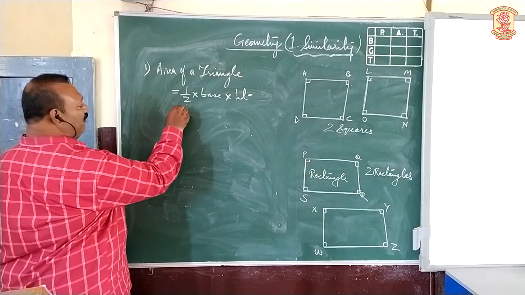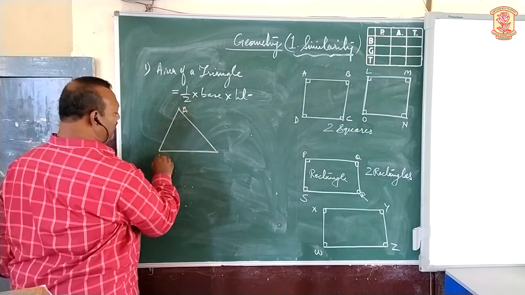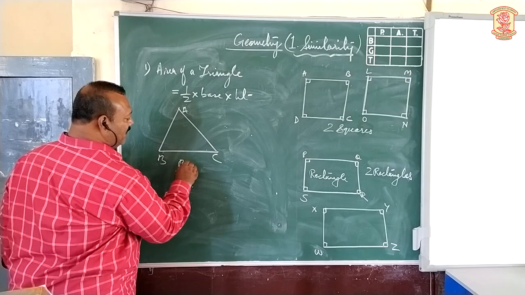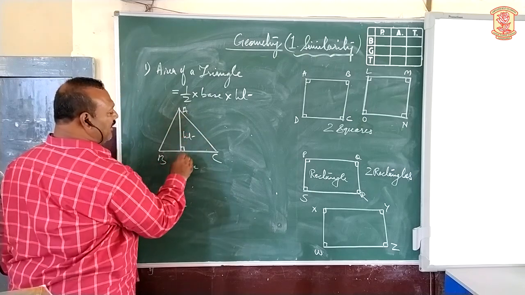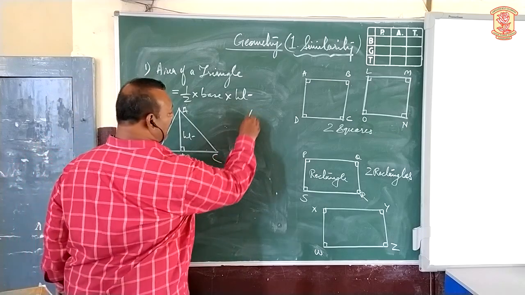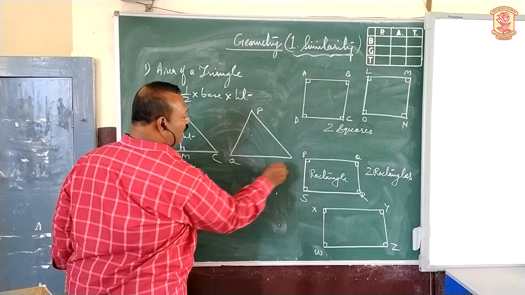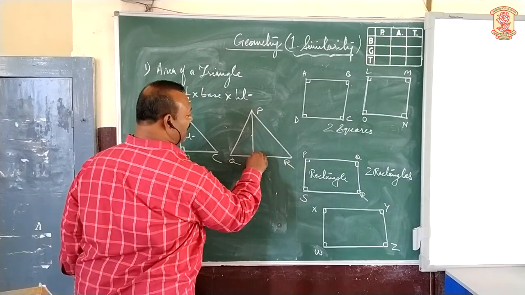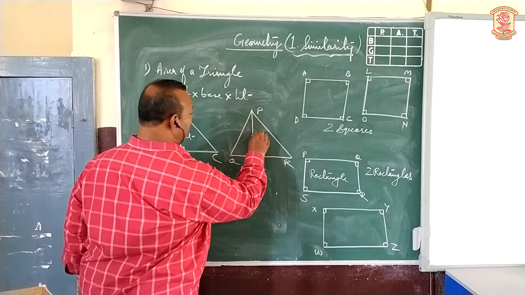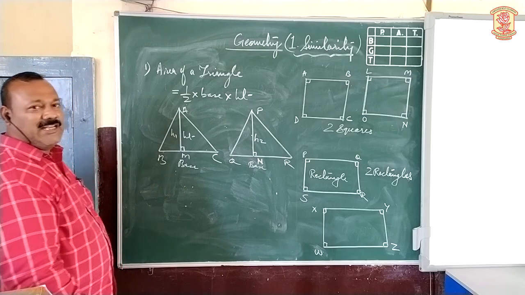For example, if you have two triangles, one is triangle ABC with the base BC and altitude, that is height, AM. Another triangle is triangle PQR with the base QR and altitude PN. This is altitude H2; the first altitude I will denote by H1.